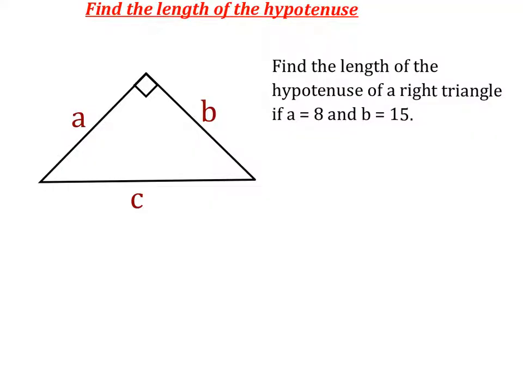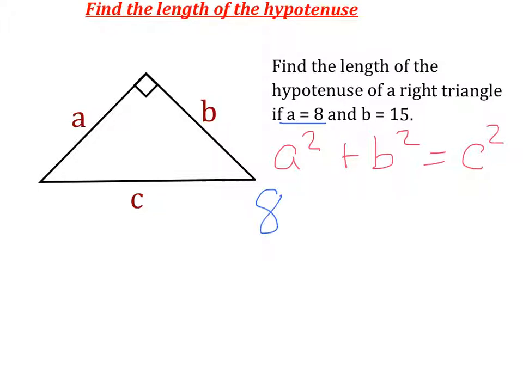So here we have a problem. They're saying find the length of the hypotenuse of a right triangle. A is 8, B is 15, so we're trying to find C. So again, just using the formula, A squared plus B squared equals C squared, we're going to substitute for what we know. A, we're told, is 8.